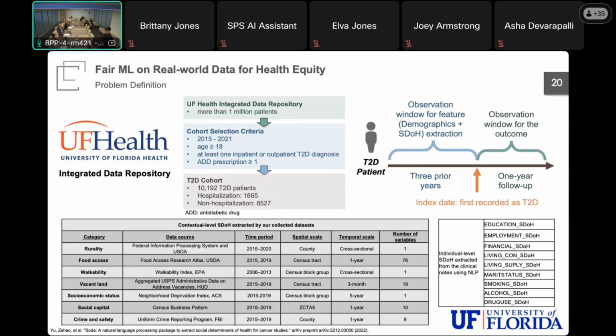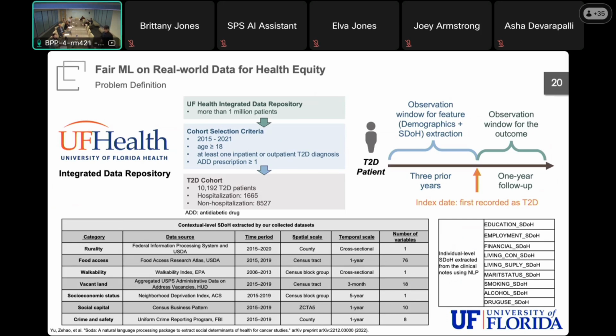For the individual level SDOH, we extract features like education level, employment status, and alcohol use from the clinical notes of the patient using NLP.